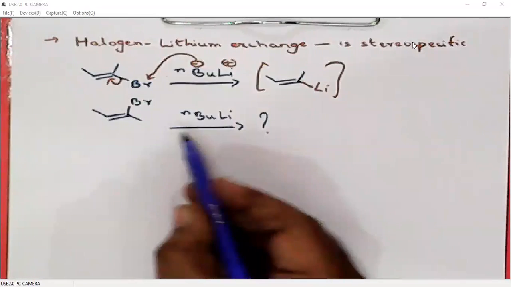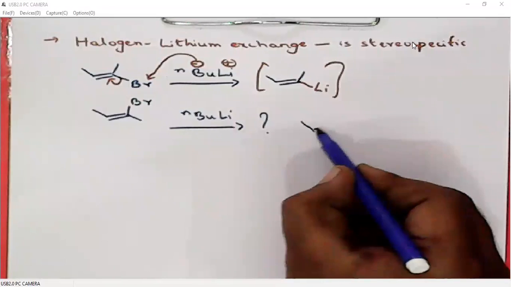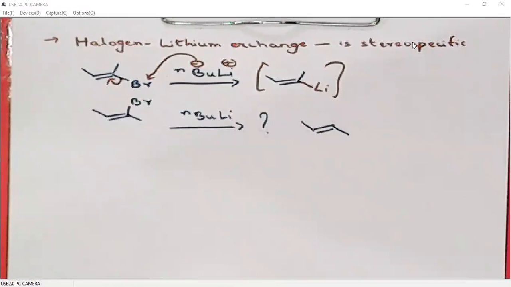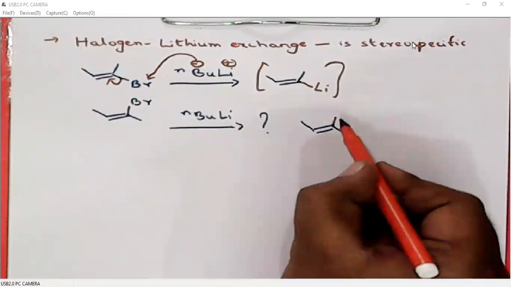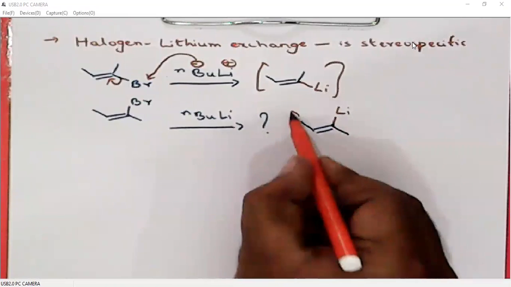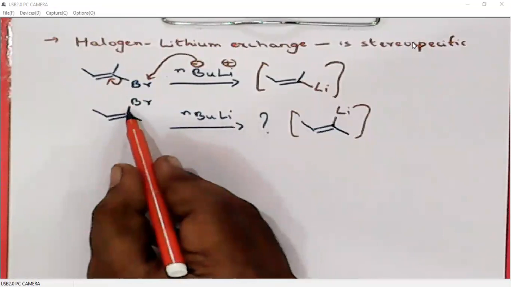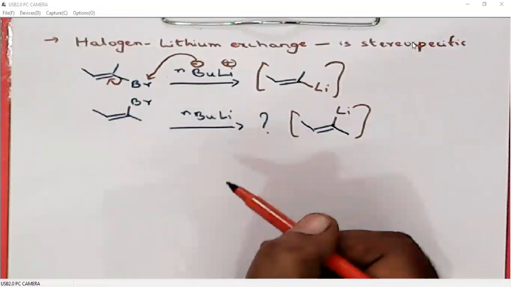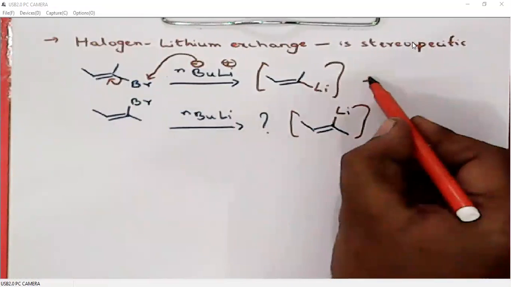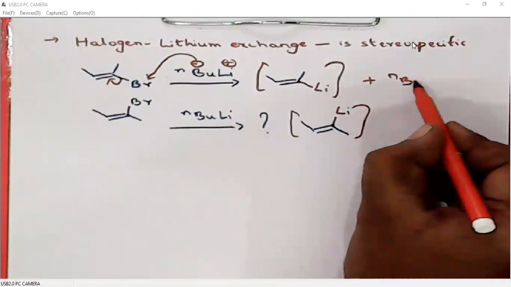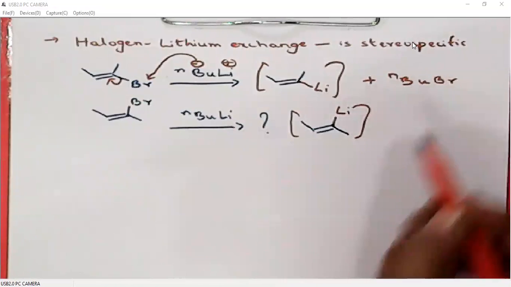Because the halogen lithium exchange reactions are stereospecific, here the product will be this one. So wherever the halogen was there, that bond it is exchanged with lithium. Of course, we also get n-butyl bromide.